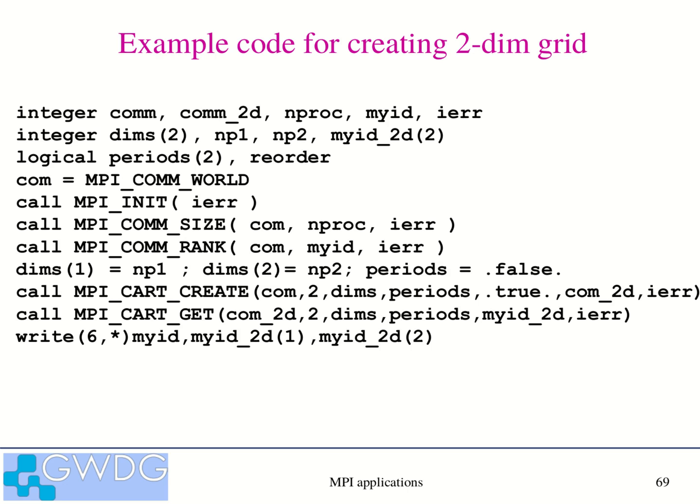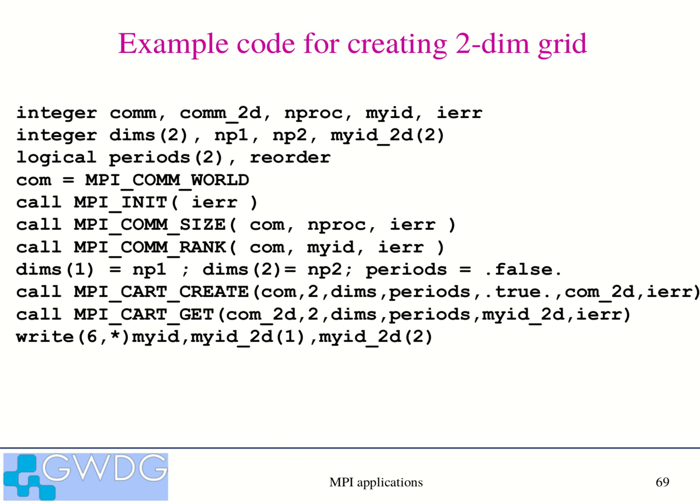And then I retrieve the two-dimensional numbering of my process. Here I give the name.